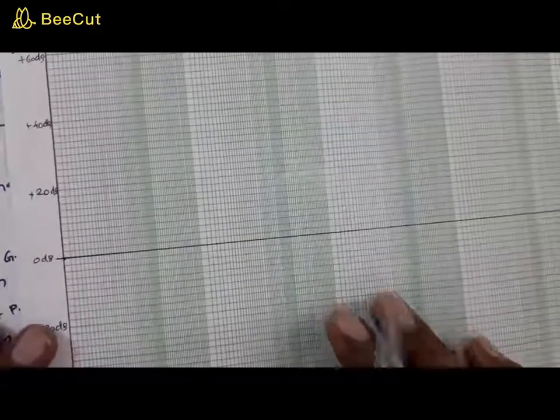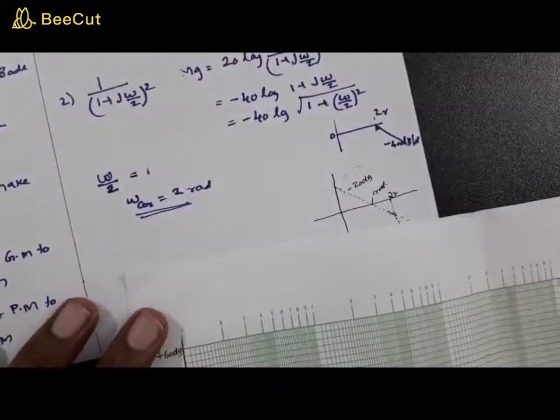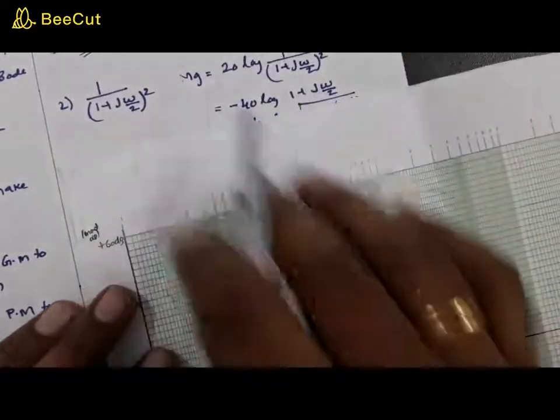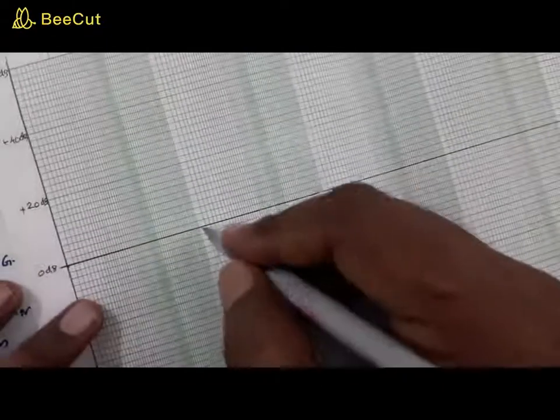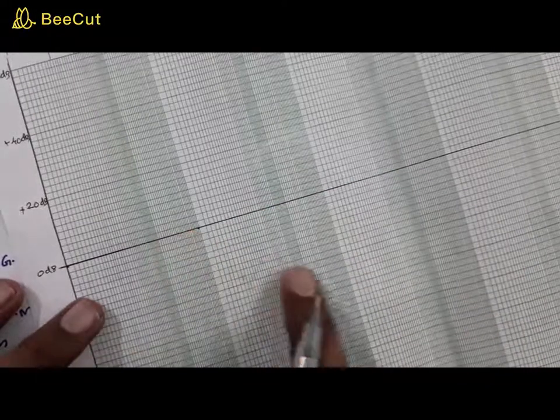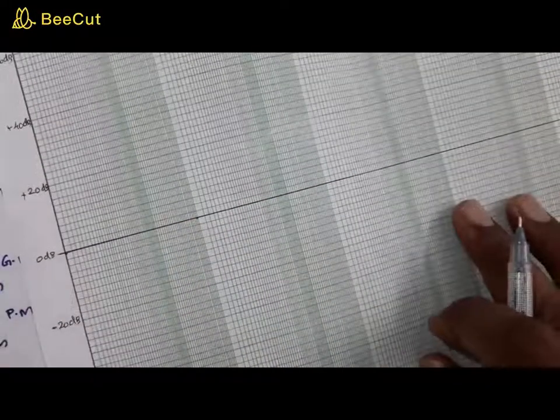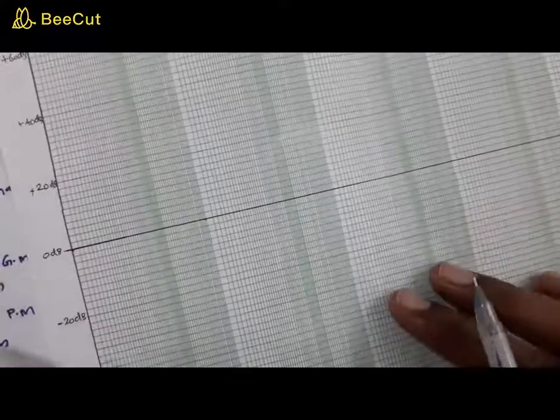Now let us see how to plot this. So let's just explain and draw. So here we know that at 1 radians per second, this particular will be having a 20 dB. So this is your 1 radians. If you can draw a 20 decibel per decade line, it's very easy to draw that, right?